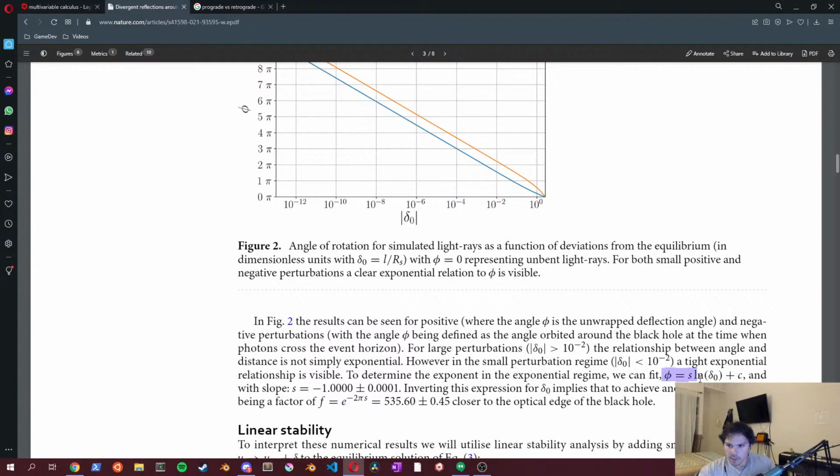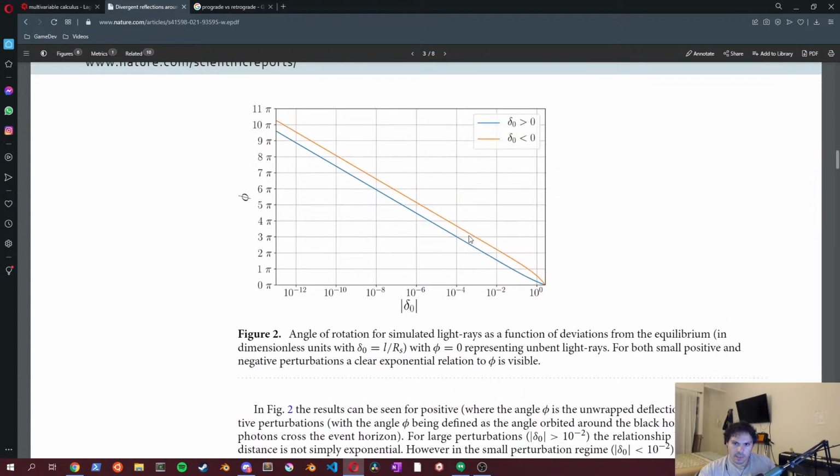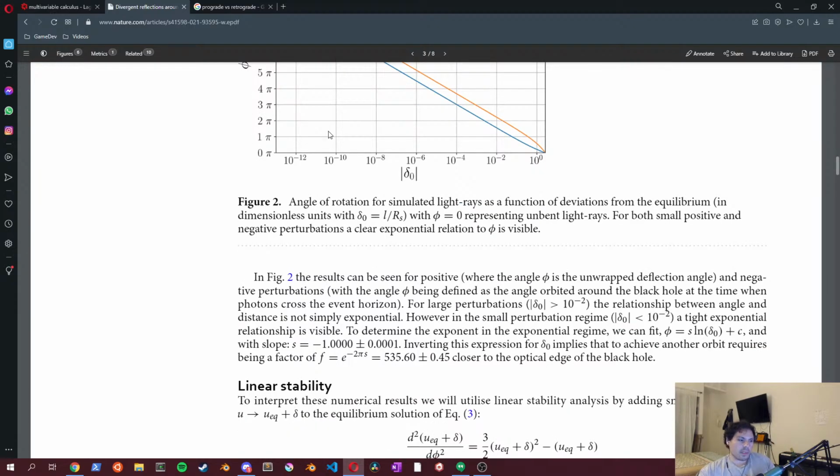Or phi is some exponential, something like that. That's what this says. So before we get up to this point over here, you see this is a straight line. So that means delta fits an e to some power of phi, with some constants around it, until you get out to here where you see this bending and you don't have a line anymore. So you have some different kind of functional relationship there.